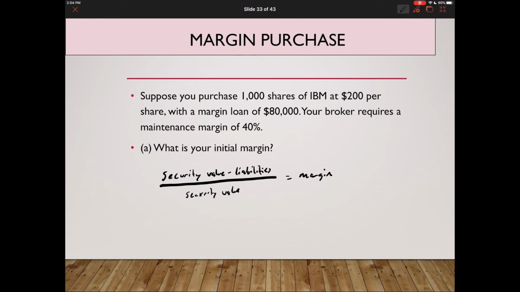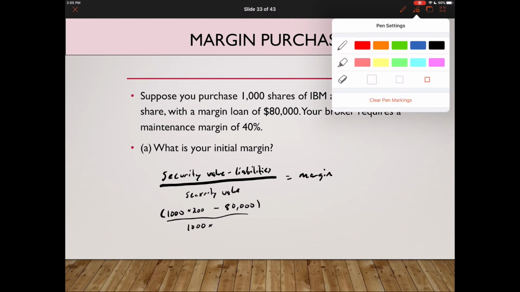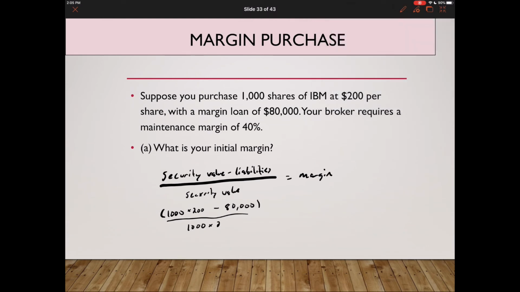So what we have here is 1,000 shares times $200 per share minus the $80,000 loan divided by 1,000 times, sorry, I might have a little error there. It should be $200 per share, not 2,000. So 1,000 shares at $200 a share.